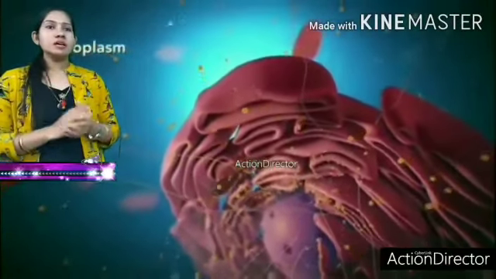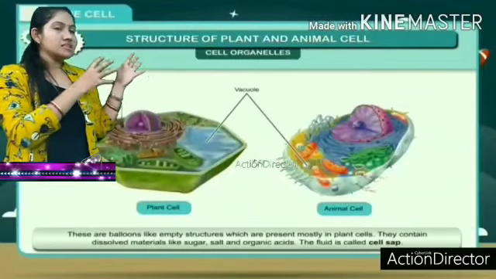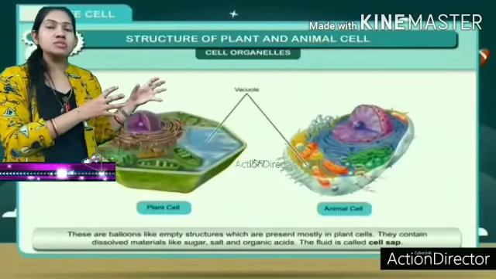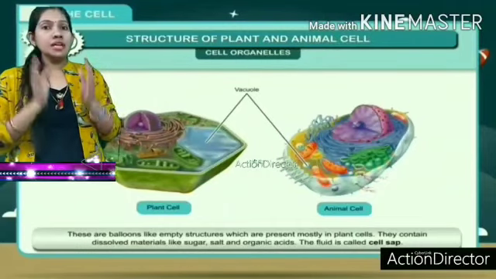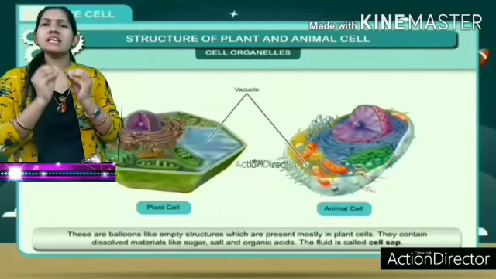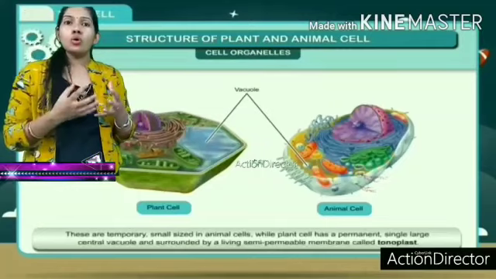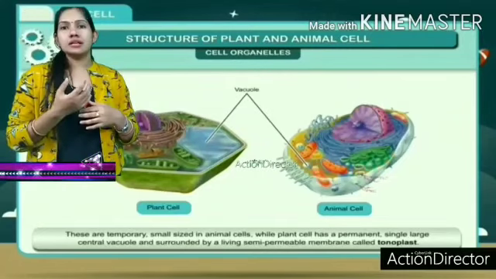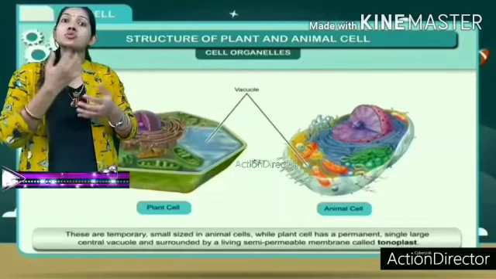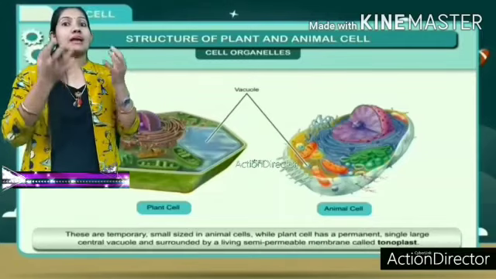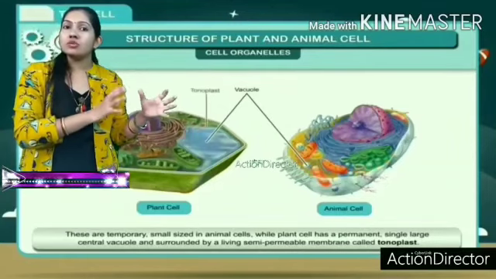Okay. The next part we can discuss is the vacuoles. You can see here plant cells have large vacuoles, and animal cells sometimes do not contain them, or if they do, the vacuoles are very small. The main function of the vacuole is to store water and food content. As plants are autotrophs, they store their food, water, different minerals and proteins inside the vacuoles.